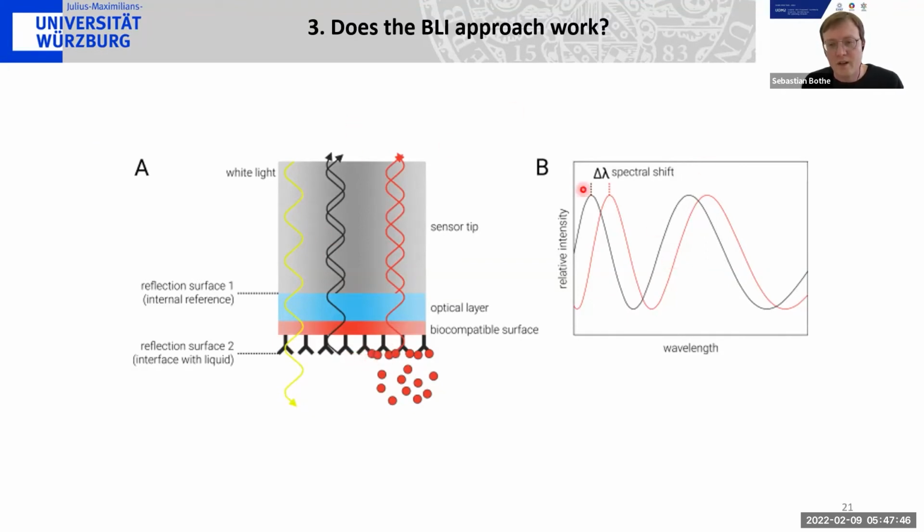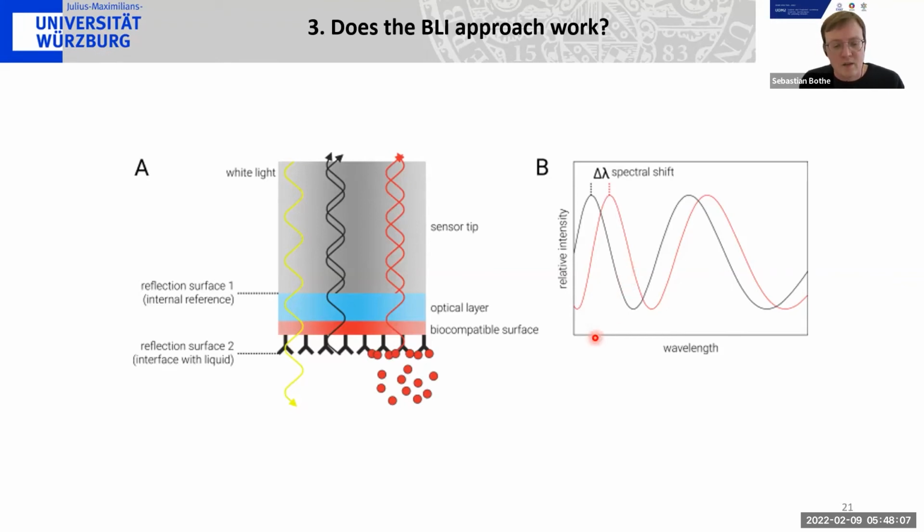And the reflected light then makes the interference pattern. If a ligand binds to our target, there is a density change or a thickness change of the Biolayer sensor surface. And then we detect a shift in the interference pattern, which is our signal.